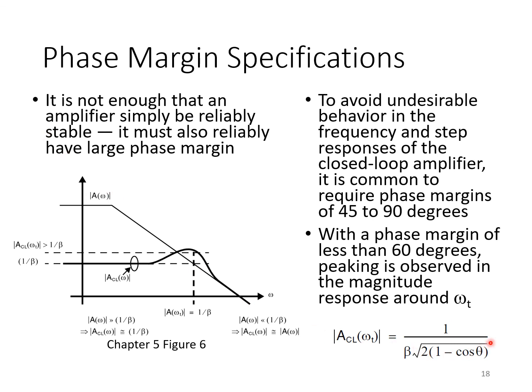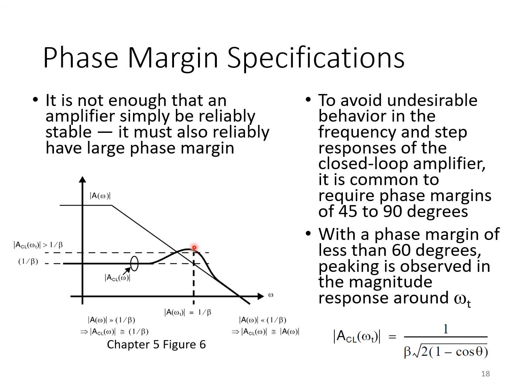We've already seen, for example, from the expression we derived on the last slide, that if we have a phase margin less than 60 degrees, then the closed loop response plotted here in the solid line will go above its low frequency value, 1 over beta, at the unity gain frequency omega T, whenever the phase margin is less than about 60 degrees.